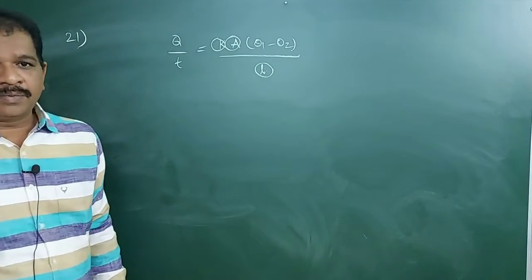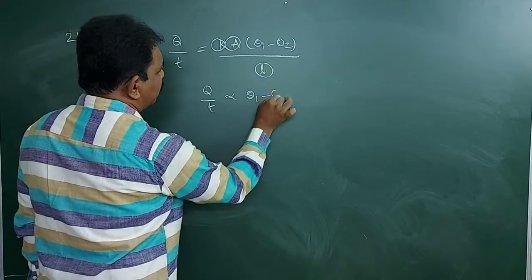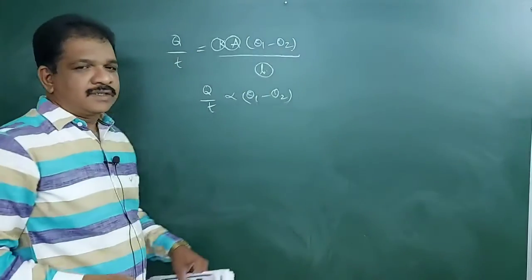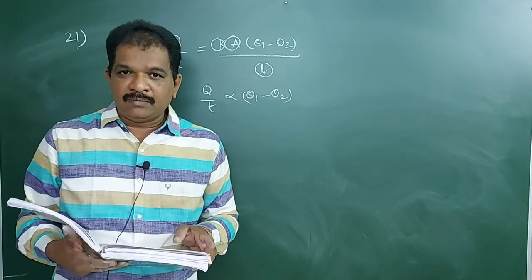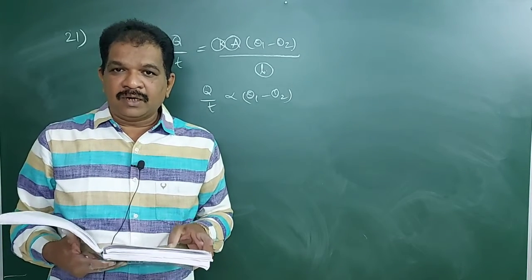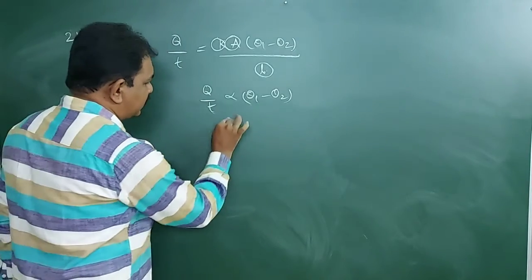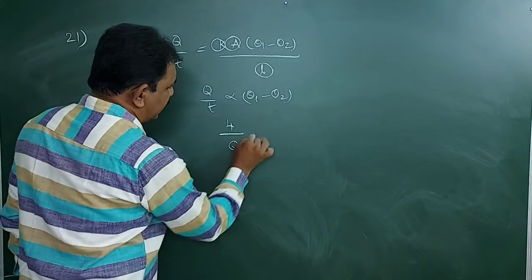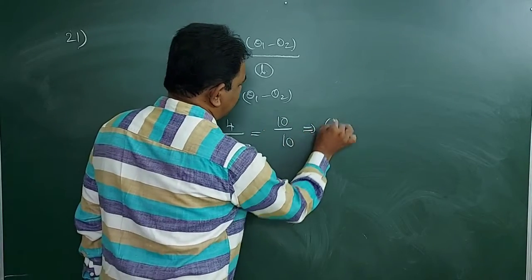So Q by t is proportional to theta 1 minus theta 2. In the two cases, the temperature difference is the same: 110 minus 100 is 10, and in the second case 210 minus 200 is 10 only. So first case 4, second case Q, and this is 10, this is 10.